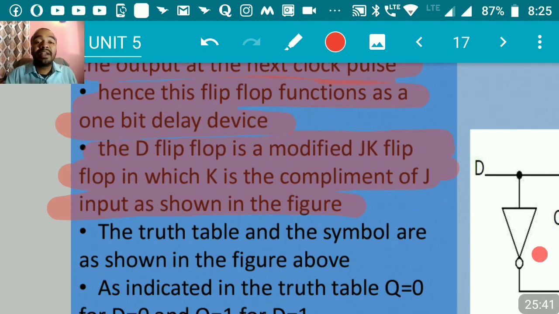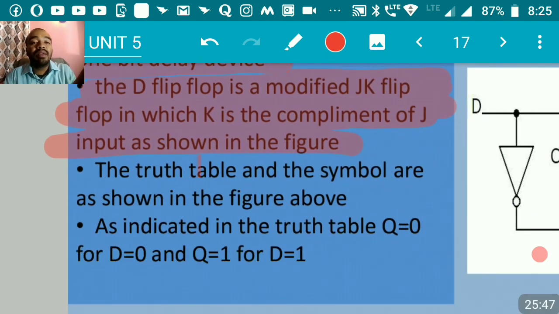Next we have the truth table. The truth table and symbol are as shown in the figure above. You can write this or skip this point, it is not so important.